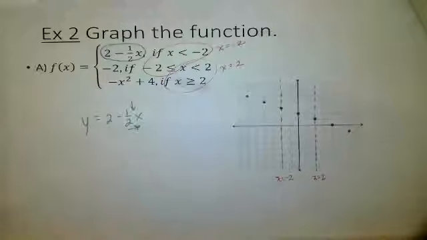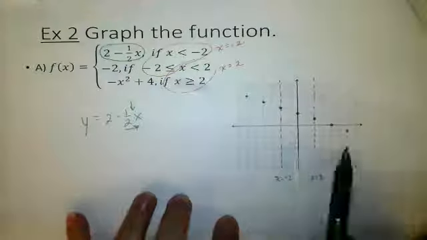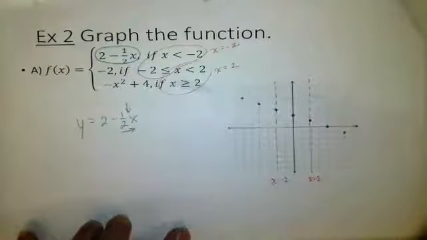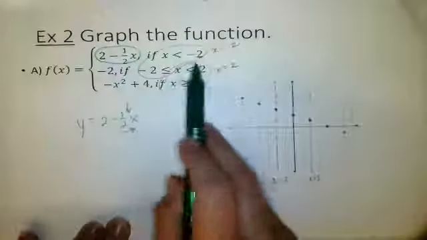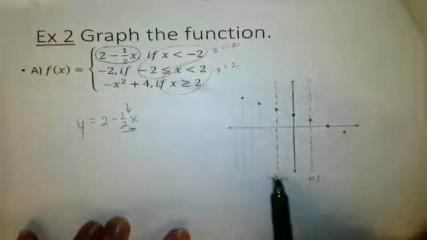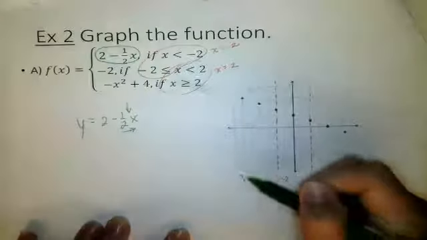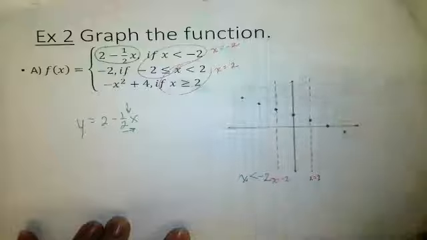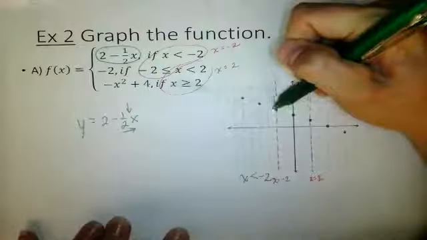And then ask myself, well, what section of my graph is my green line active for? Which x values? Less than -2. Where is less than -2? X values less than -2 are over here to the left of the boundary line. So I want that part of my line.